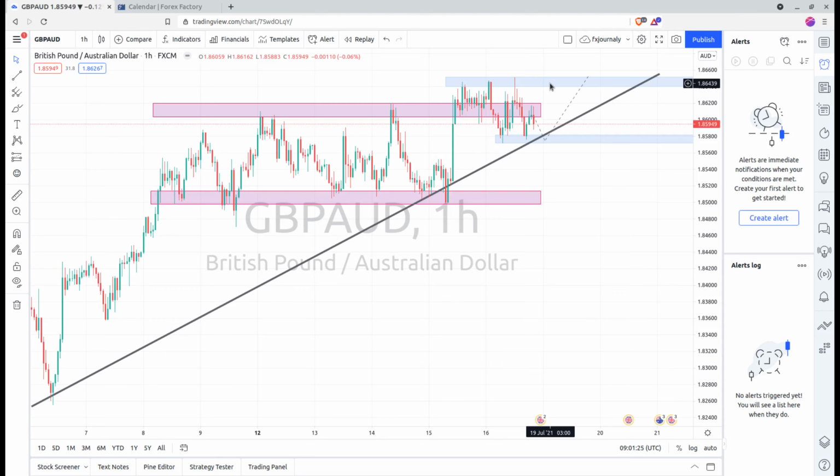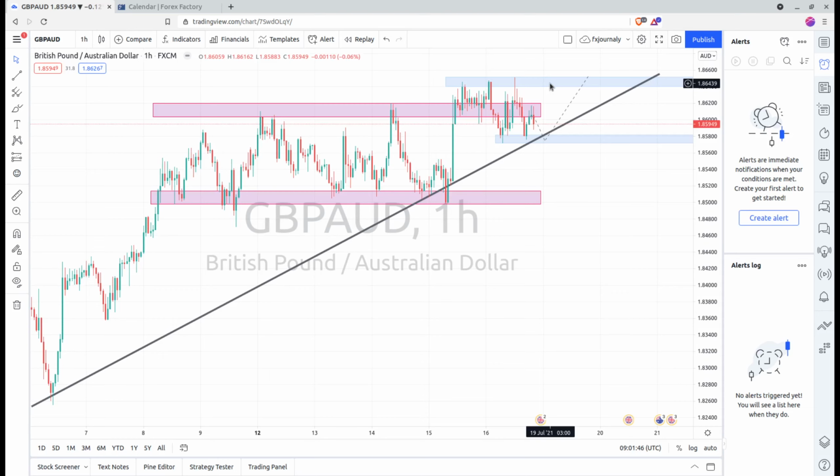It's been steadily moving up since April. There hasn't really been that much in the way of a significant pullback. It's had pullbacks, don't get me wrong, but for the most part it has been in an upward trend since April.